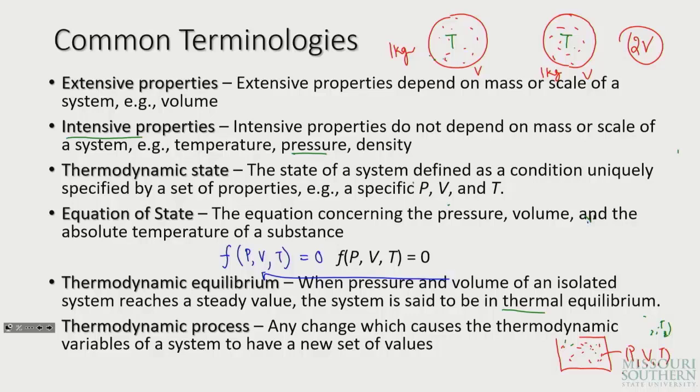That means a thermodynamic process is any change which causes the thermodynamic variables of a system to have a new set of values. When we go through a process, we change the values of P, V and T from P1, V1 and T1 to a new set of values P2, V2 and T2.